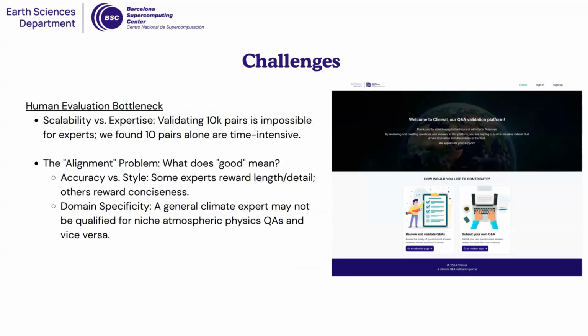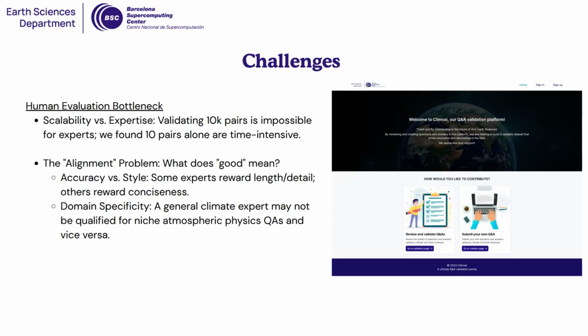And in the same context, but in another project, we implemented a human-in-the-loop approach through a validation portal that we created, which revealed the human evaluation bottleneck. First, we encountered a problem of scalability, because we had 10K Q&A pairs, and we found that validating only 10 pairs is an incredibly time-intensive task for our experts.